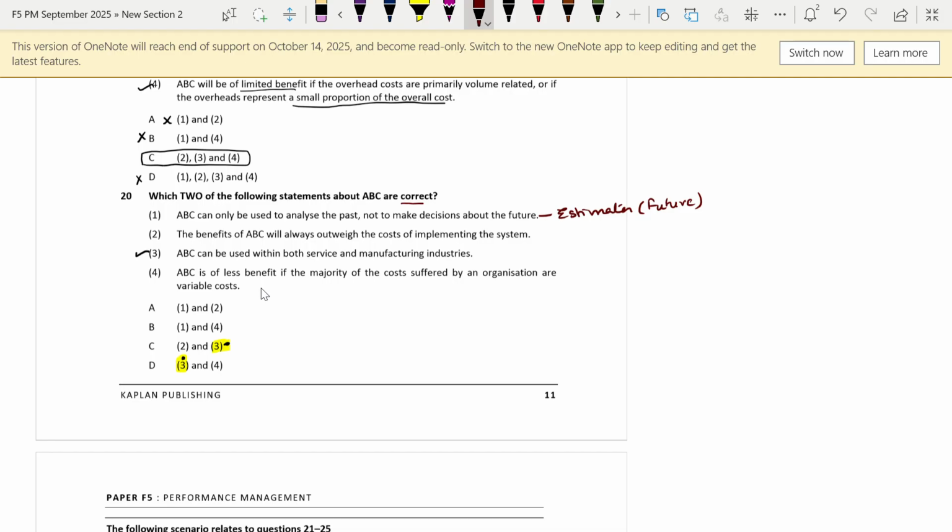We are always talking in terms of estimates, in terms of the future. Is the first one right or wrong? Performance management is about making decisions about the future. First one is false, it's not only the past. Third one we said is correct.